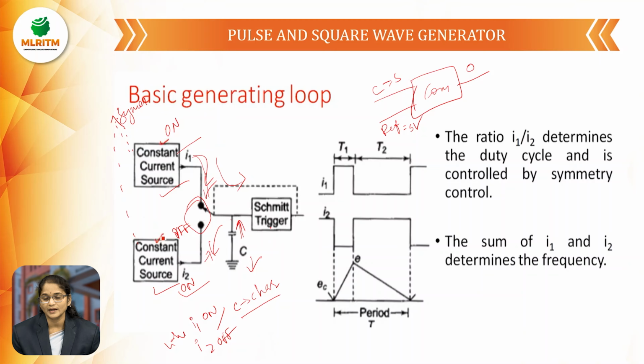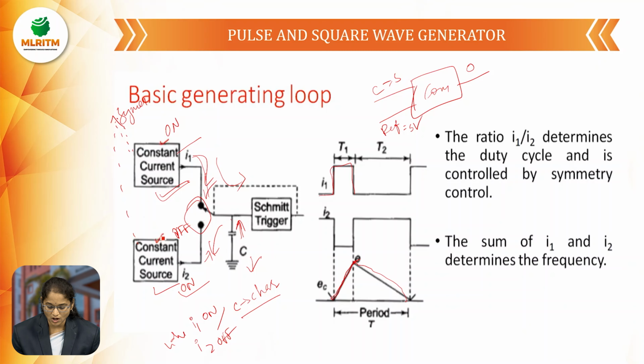Here we use the ratio of I1 and I2. When the constant current source I1 is on, the capacitor charges until it reaches the predefined reference value. When the capacitor voltage reaches the reference value, the output becomes 0, and at that time we discharge the current.